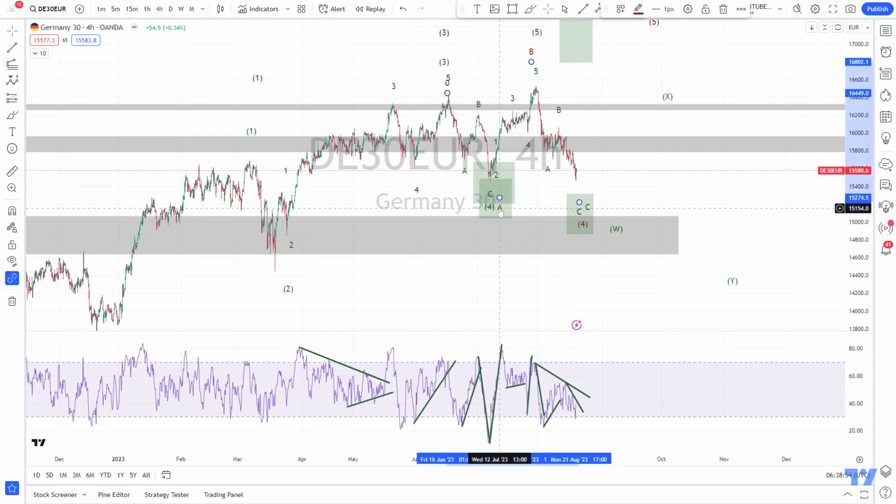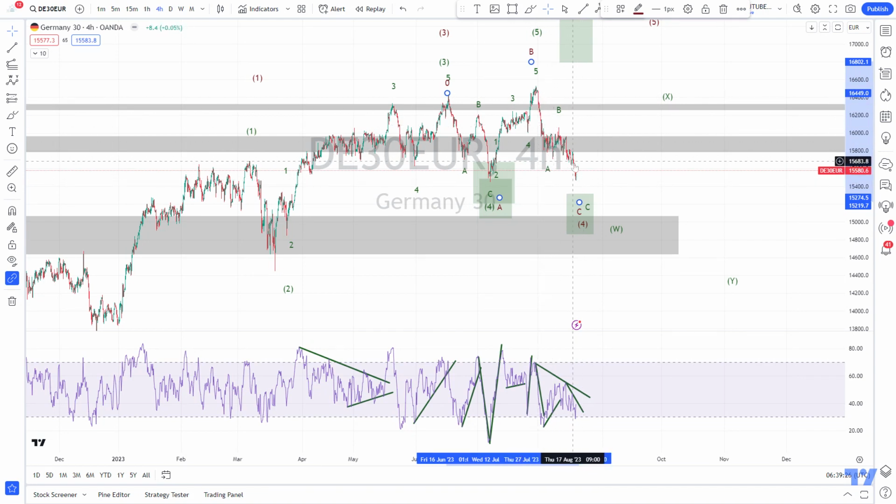So now we are looking at the annotations in red, and that would mean in 3 waves down as an A, 1, 2, 3, then a wave B up, overshooting, and then we actually need 5 waves down here as this wave C. So this can still become 5 waves.